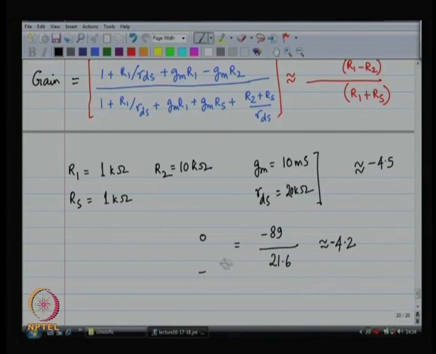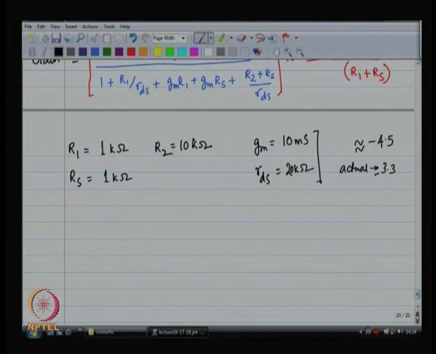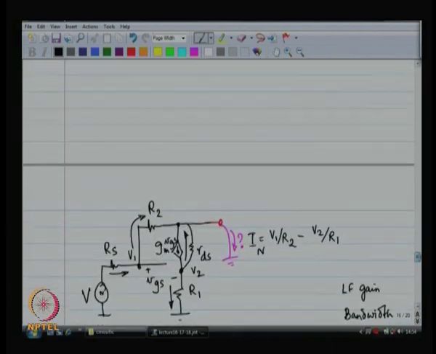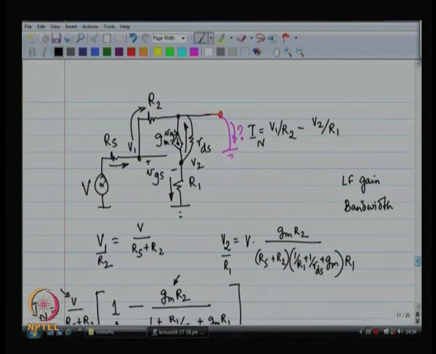So, this is what we have got. So, this is our shunt series amplifier.